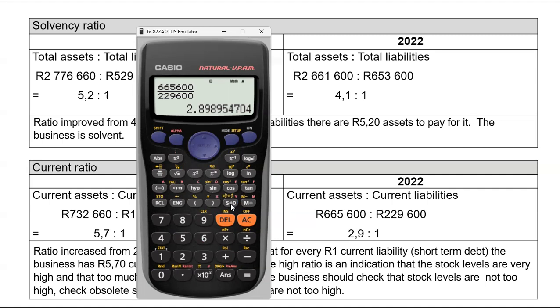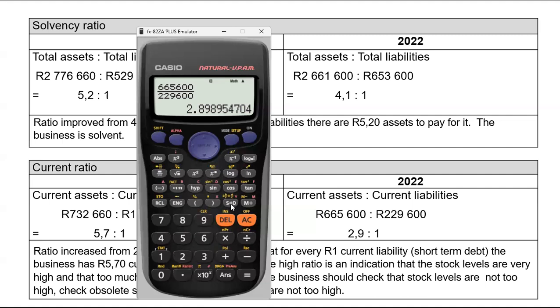You divide both the first part of the ratio and the second part of the ratio by the second part of the ratio. That's what we normally say in math. The first part is your current assets, and the second part will be your current liabilities.